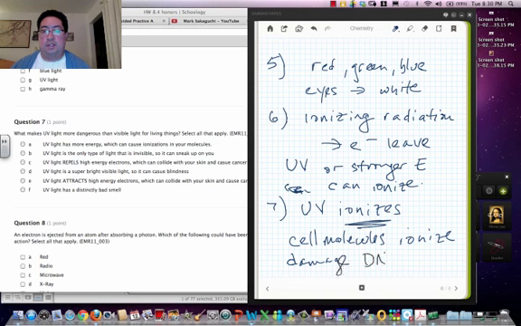And if it's specifically DNA, we're talking about cancer, which would make everybody sad. Seriously though, the idea here is that the ionizing radiation damages your cells. The other ones are just silly options.